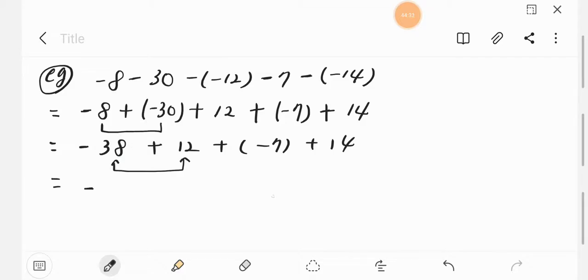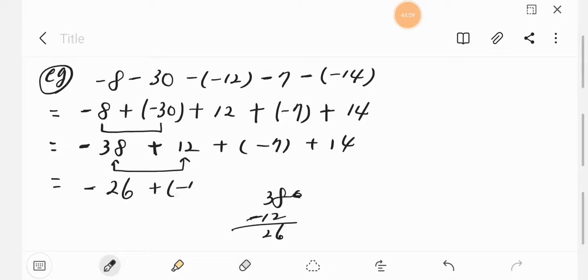When you are adding two different signs, that's subtraction: larger absolute value, which is 38, minus smaller absolute value, which is 12. That is equal to 26, right? So this will be 26, but the sign will be minus because 38 is larger than 12. So take the negative sign.